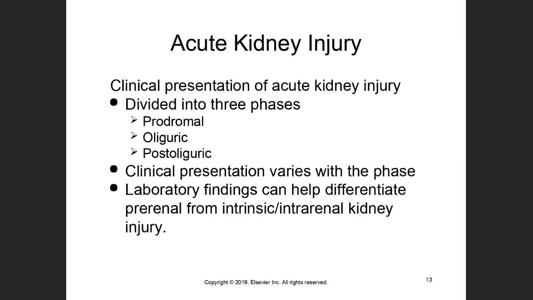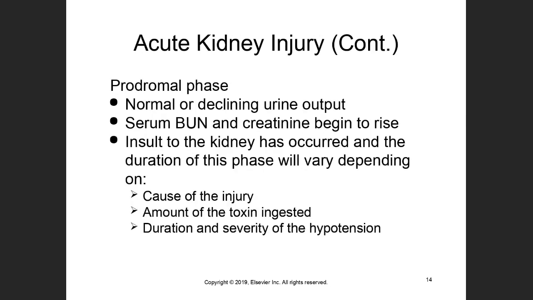Acute kidney injury. The clinical presentation of acute kidney injury is divided into 3 phases: prodromal, oliguria, and post-oliguria. Clinical presentation varies with the phases. Laboratory findings can help differentiate pre-renal from intrinsic intrarenal kidney injury.